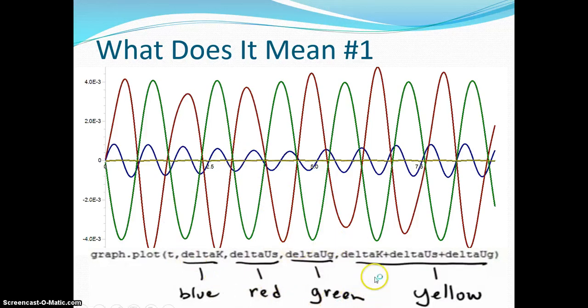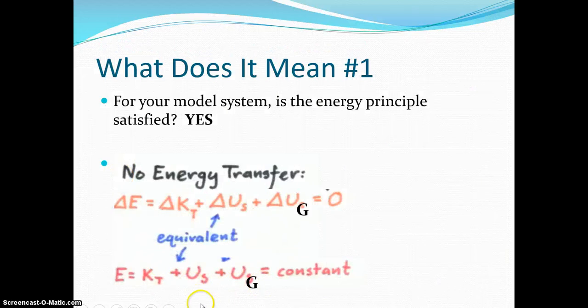When you add them all together, this gives us our total change in energy, and that equals this yellow line. And notice how the yellow line stays constant, which is exactly what our energy principle says.